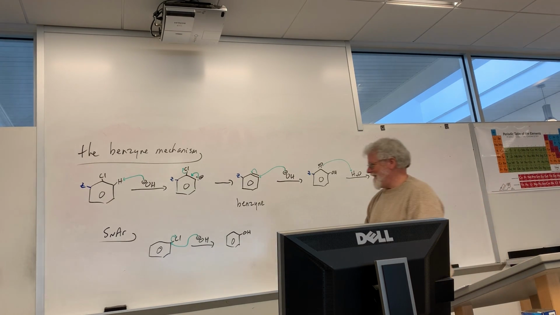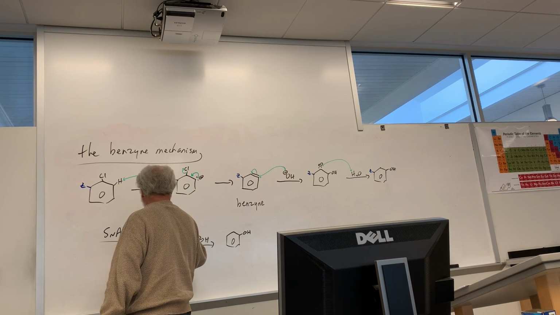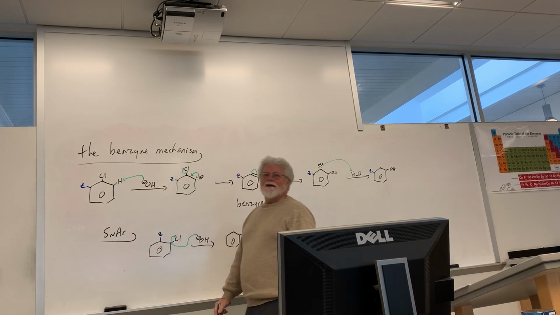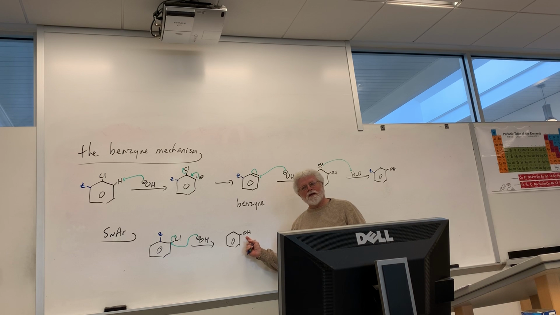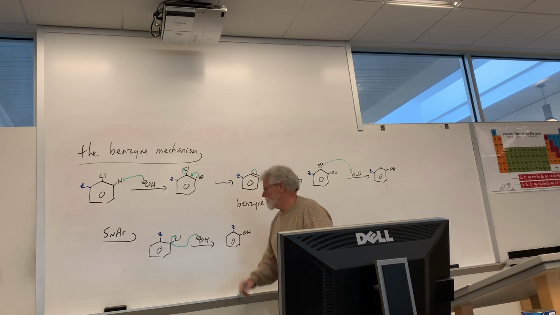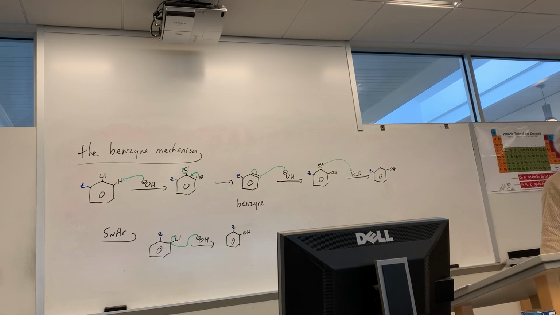Phrased a different way, let's say I've got my Z here. The chloro is ortho to Z here. The hydroxyl group is going to be ortho to Z as well. The hydroxyl group has to be on the same carbon that the chlorine was on.